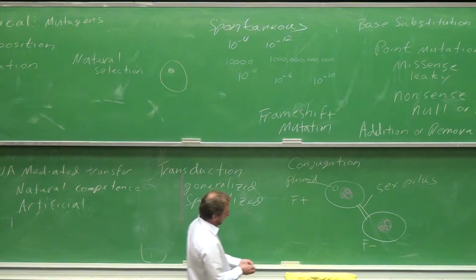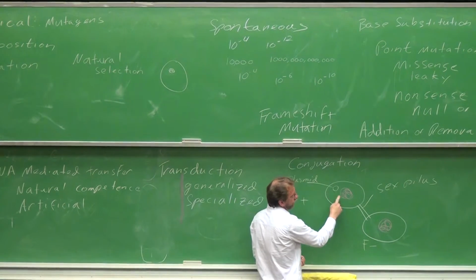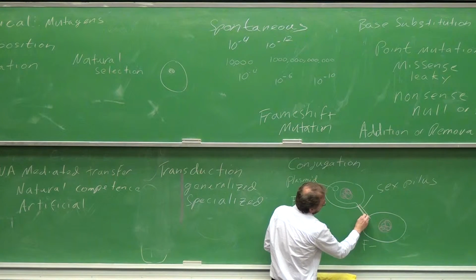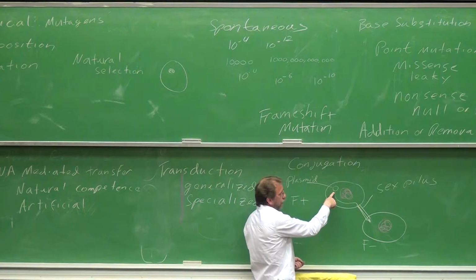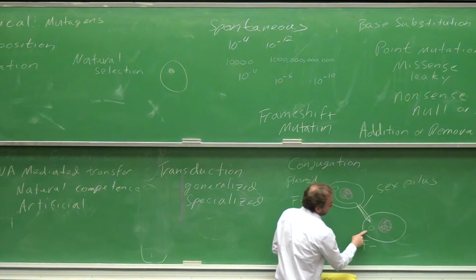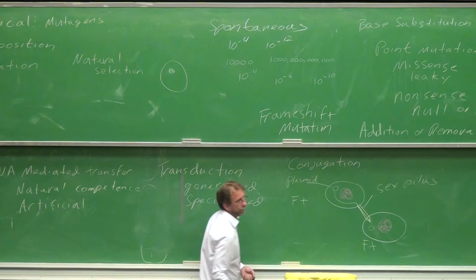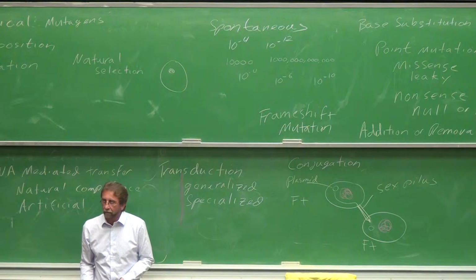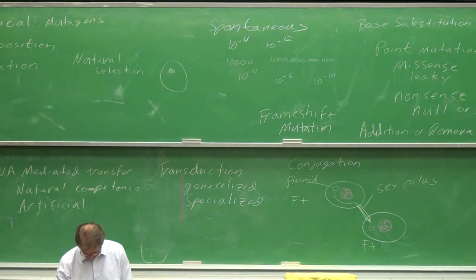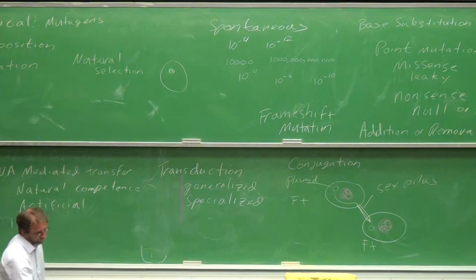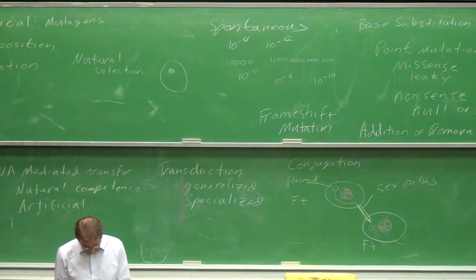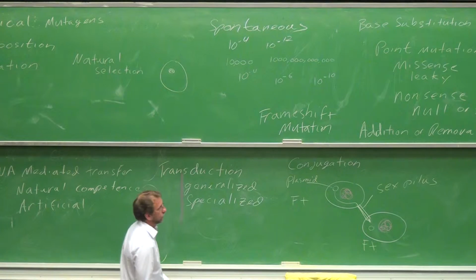What happens is that this sequence of DNA codes for the sex pilus and codes for the enzymes necessary to allow for it to move after it's copied itself from this cell to this cell. So now this cell becomes a fertility plus cell. So the F plus plasmid is a self-transmissible plasmid.